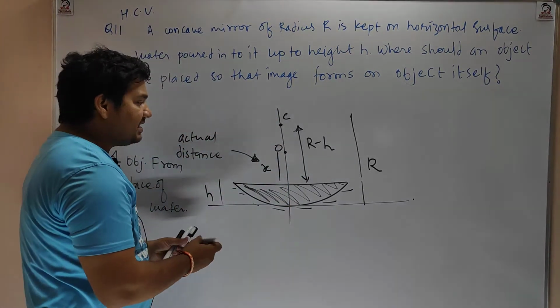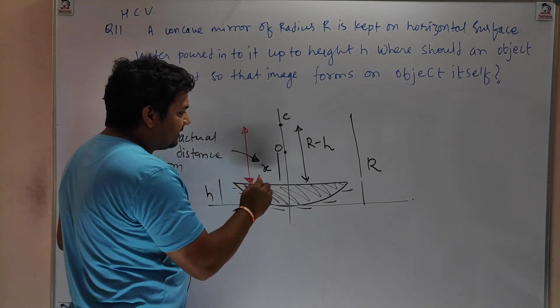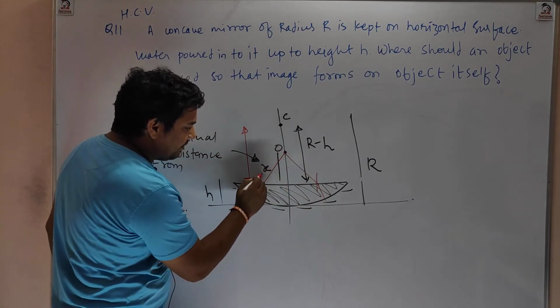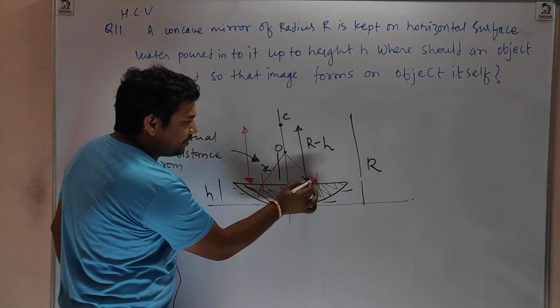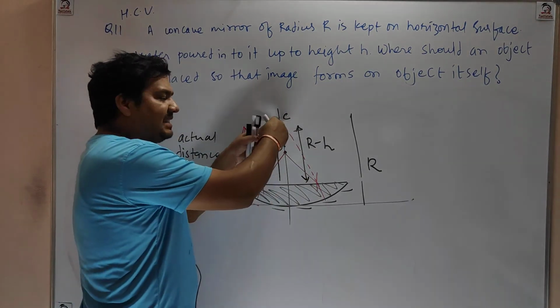So the apparent distance will be mu x, and because the light ray will go like this, when you retrace these rays they must meet at the center of curvature.